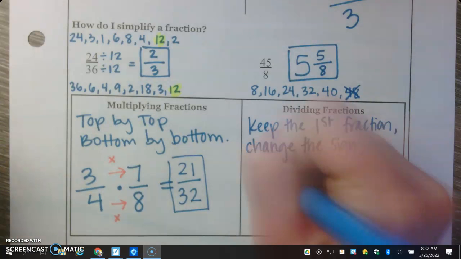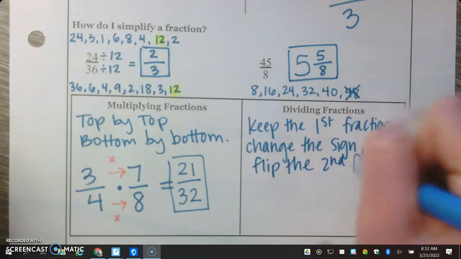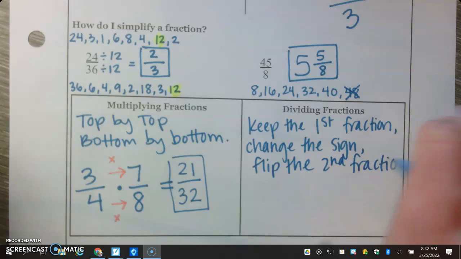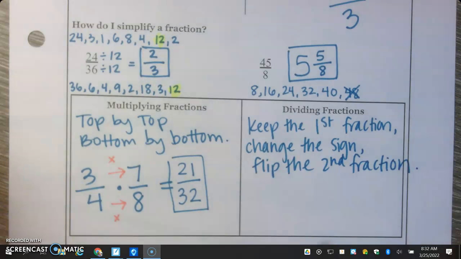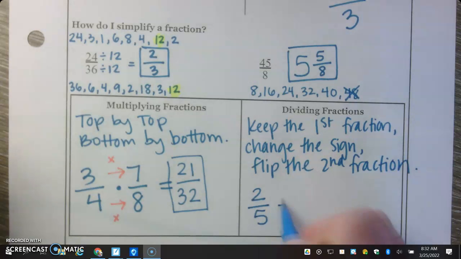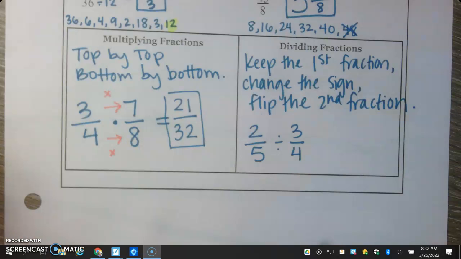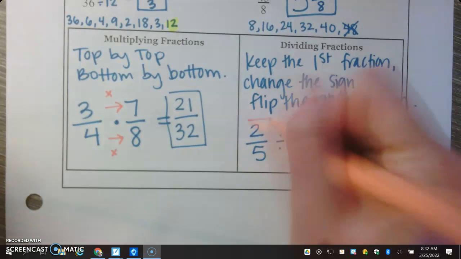And you are going to flip the second fraction, because we want to multiply by the reciprocal, the opposite fraction. So in this case, if I had 2/5 divided by 3/4, we are going to keep that first fraction so it stays the same.